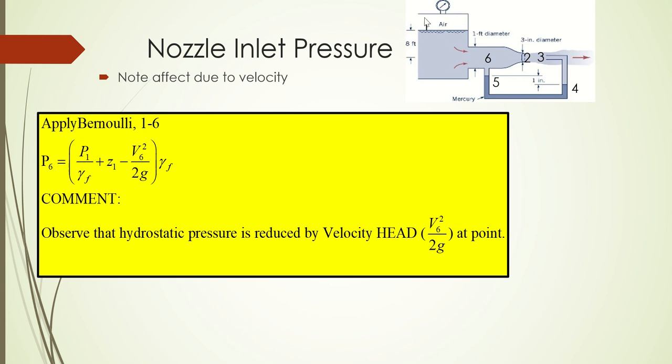Because we have an increase in velocity, the pressure decreases as I flow from 1 along a streamline into my nozzle at point 6.